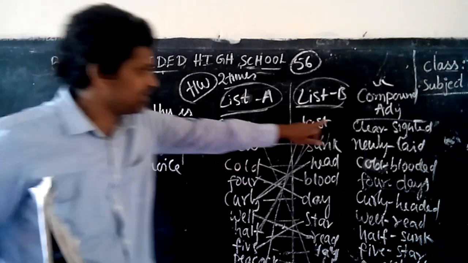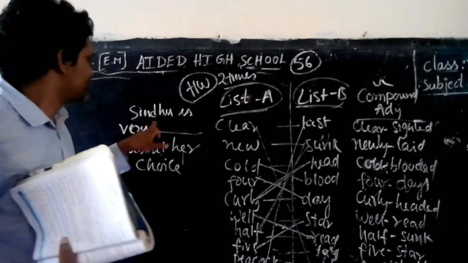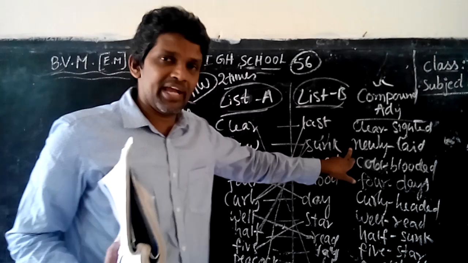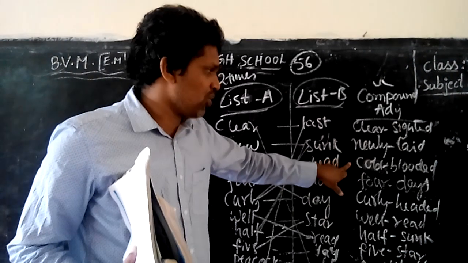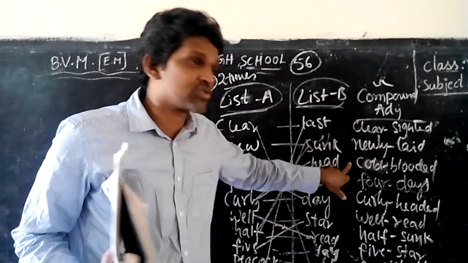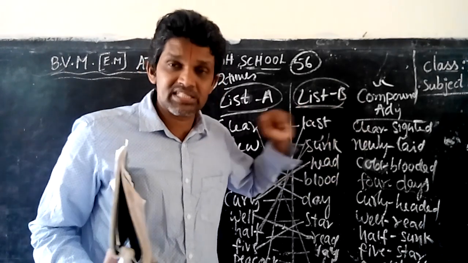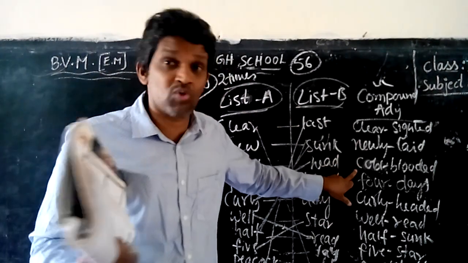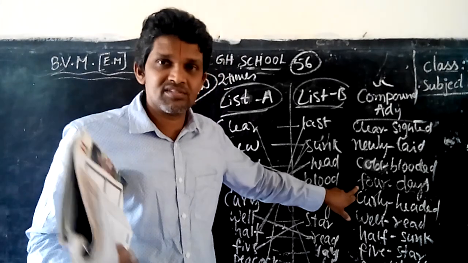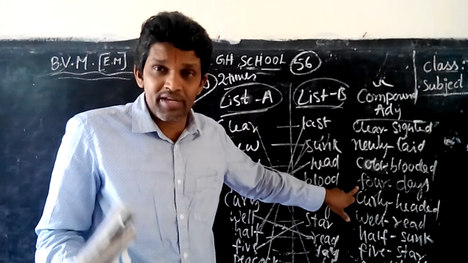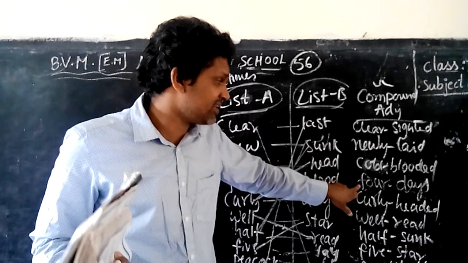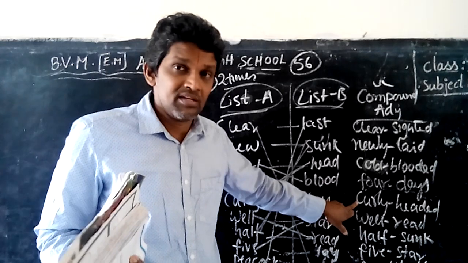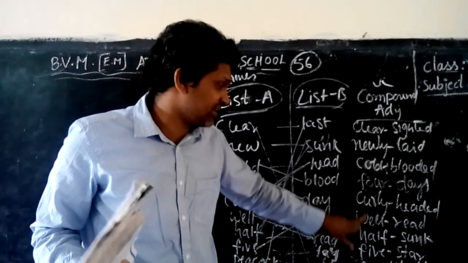So which one will be the best option for this question? Sindhu is very about her choice. Is it newly laid? There is no meaning. Is it cold-blooded? No. Where do we use this cold-blooded? For murders, for crimes. It is a cold-blooded murder. 4 days. If you want 4 days leave or 4 days permission, there you write 4 days. Curly-headed. When you are describing a person having curly hair, we use this one.